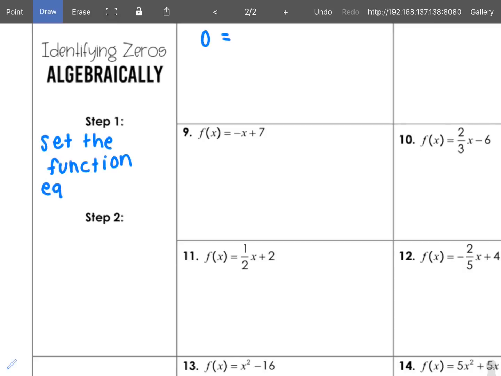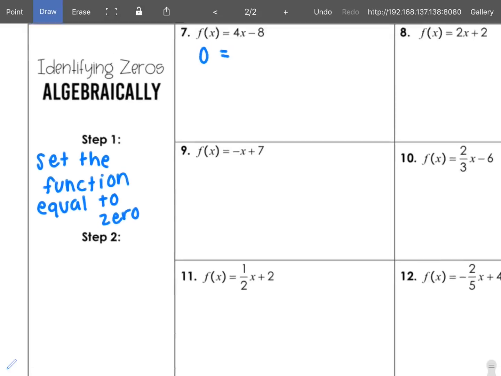And you remember what a function is? A function only has one x value for every y, one input for every output. So remember when we did the vertical line test, it cannot hit your pencil more than once, or it's not a function. So set the function equal to 0.